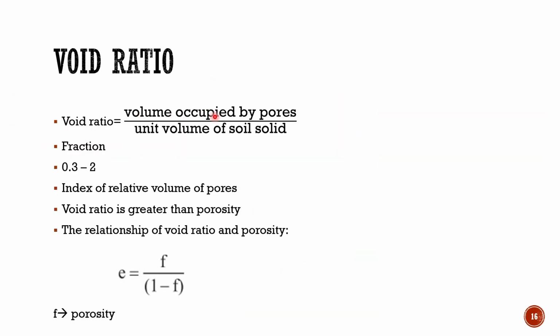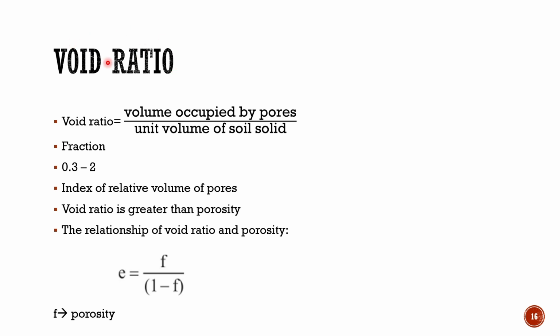It is the volume occupied by the pores per unit volume of soil solid. So how much volume is occupied by the soil solid, and in that, how much volume is occupied by the pores, that is the void ratio.